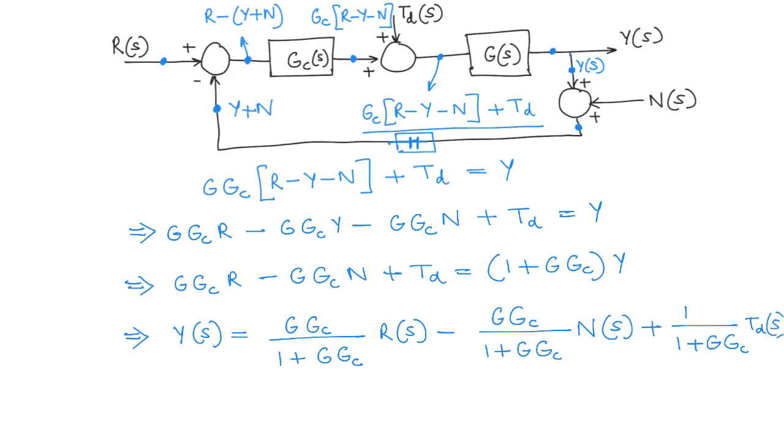So that's going to be your output in terms of the input, the noise, and the disturbance. And in the next lecture, we're going to look at how we can reduce the noise and the disturbance.